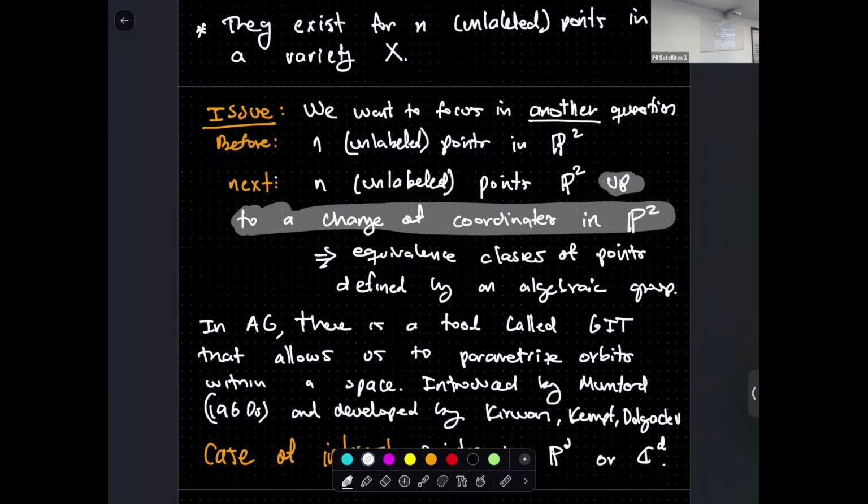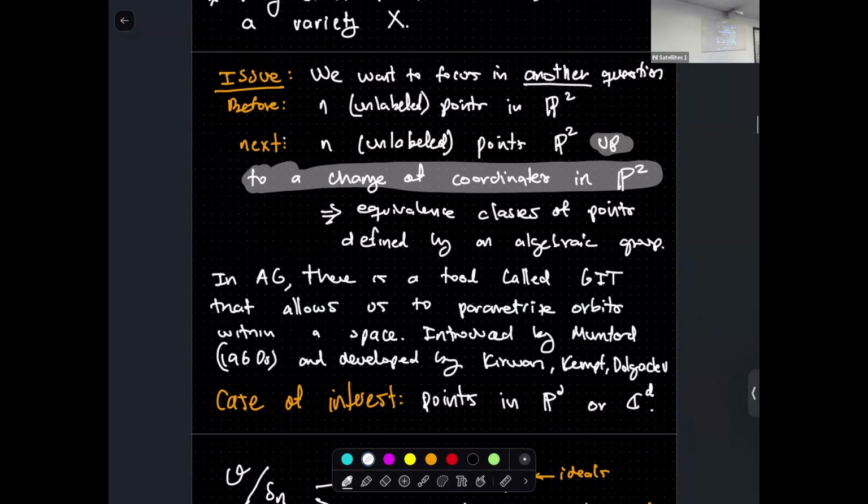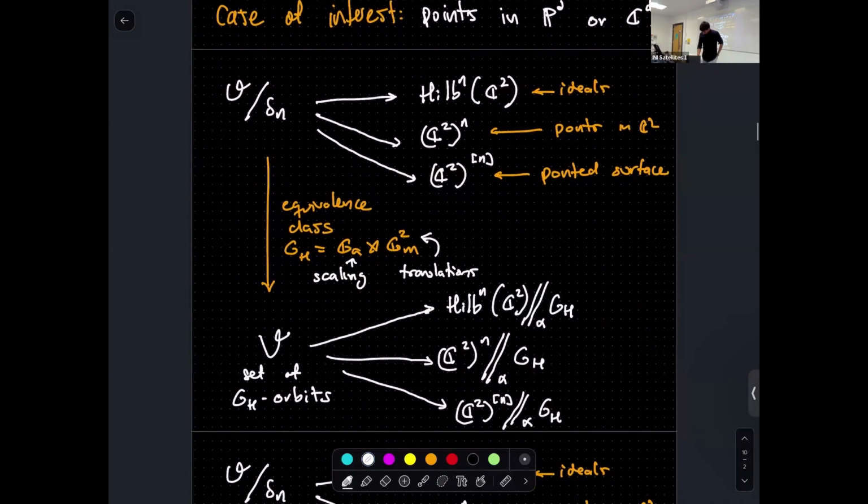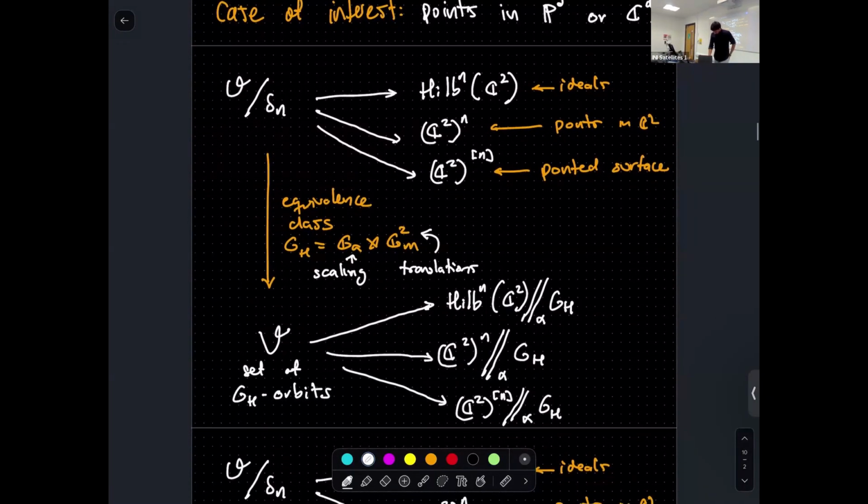With this technique, I can now consider these equivalence classes of points, either in P^n or the affine space.